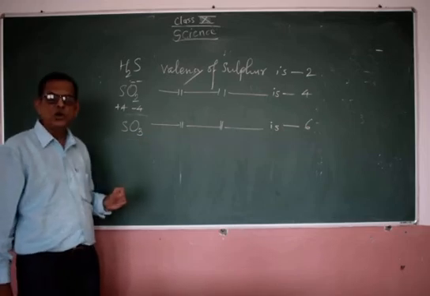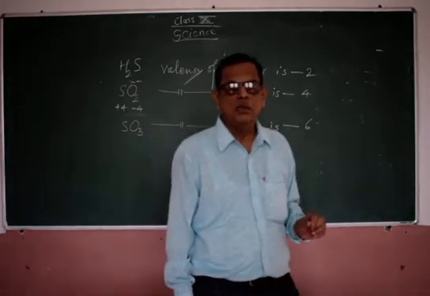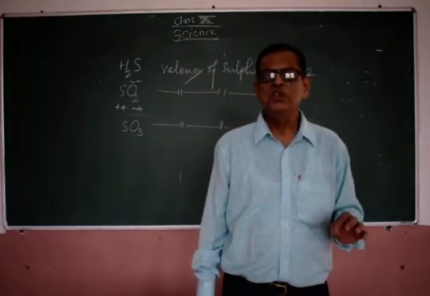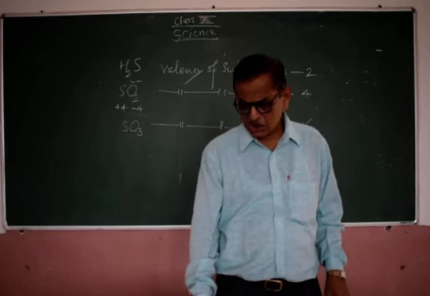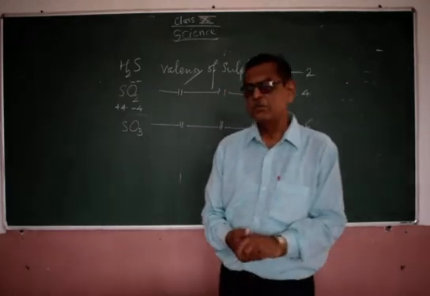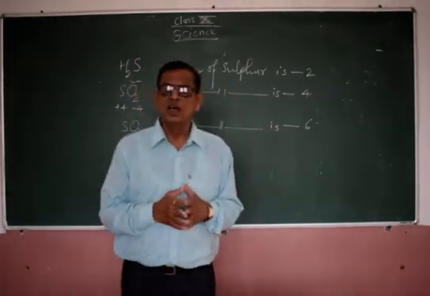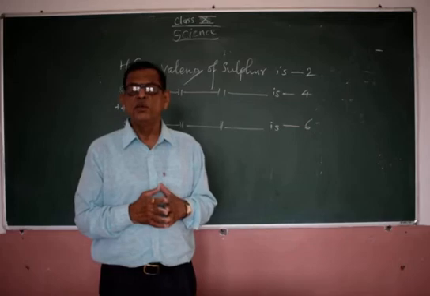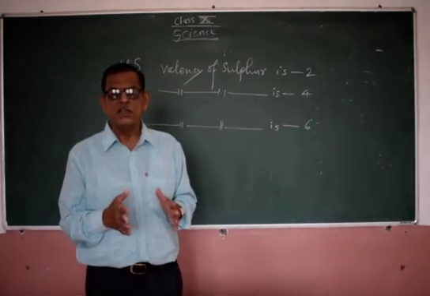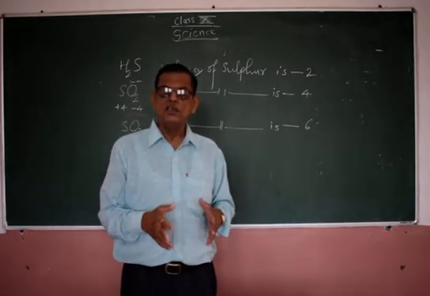And you know, 1 oxygen atom always possesses 2 negative charges, because oxygen is one of the most electronegative elements, and fluorine. Regarding electronegativities, I have told you that fluorine is the most electronegative element in the periodic table, having electronegativity 4 Pauling.